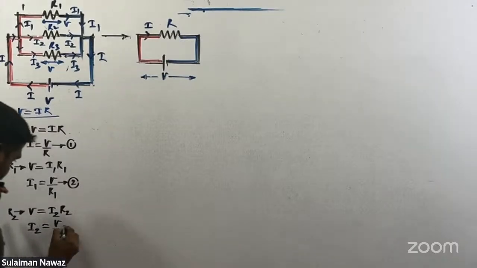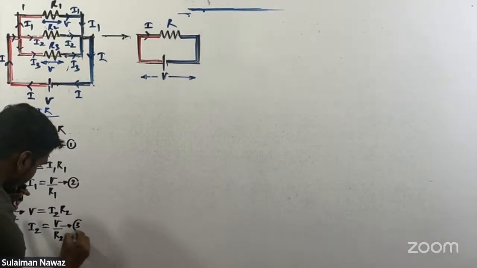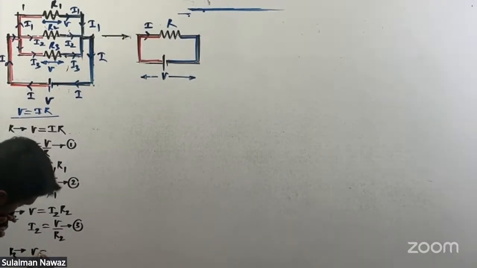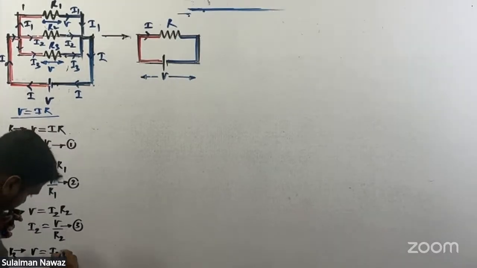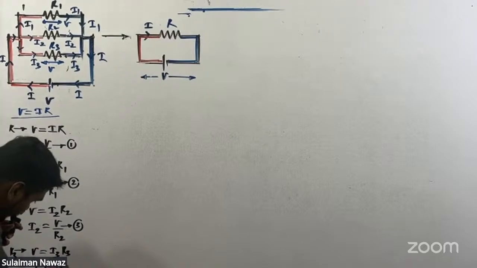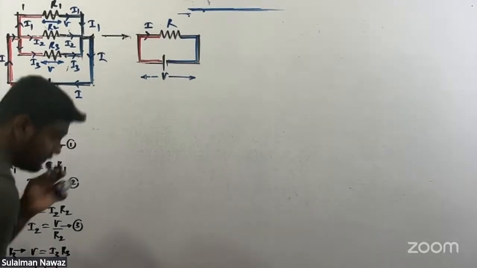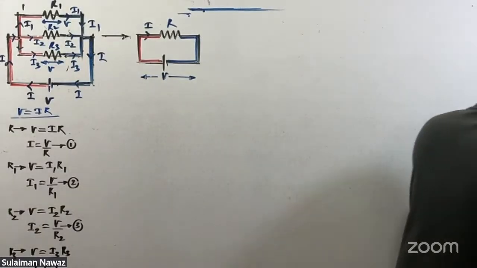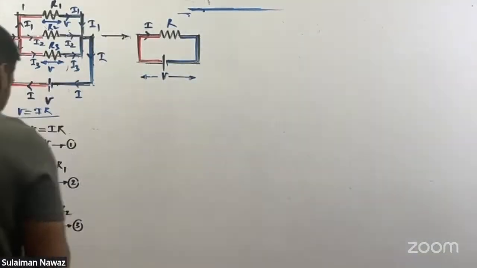Likewise, when you apply it for the R3 resistor, V equals IR with current I3 and resistance R3. When you substitute, I3 is going to be equal to V over R3. This is going to be equation 4.